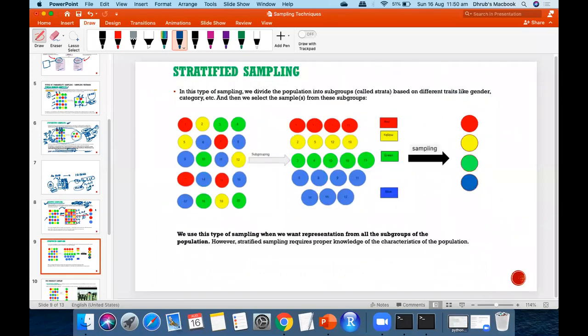Here, whatever confusion you had in your mind, it will get clear. It is, I think, a better type of sampling than cluster. So what we do is, we divide the population into subgroups called strata, and we divide in such a way that each of the strata is uniform within themselves.